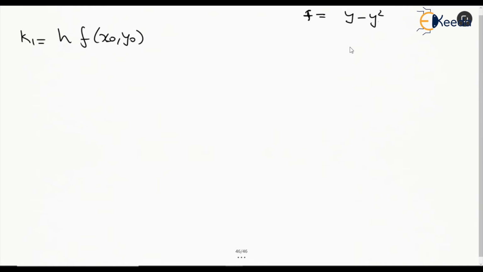So this becomes h is equal to 0.1, so this becomes 0.1 into this y at 0 is given as 0.2, so this is going to be 0.2 minus 0.2 square, which is 0.016.